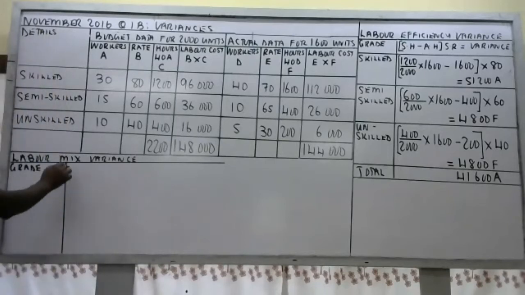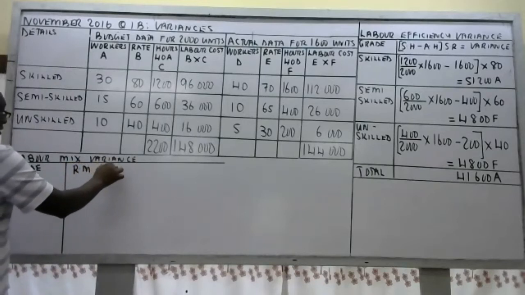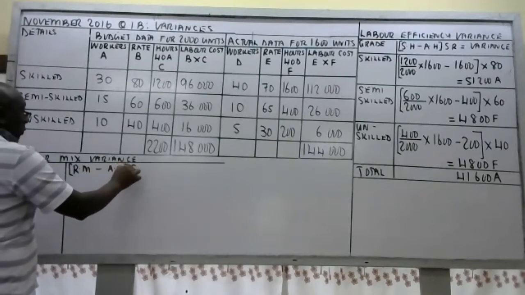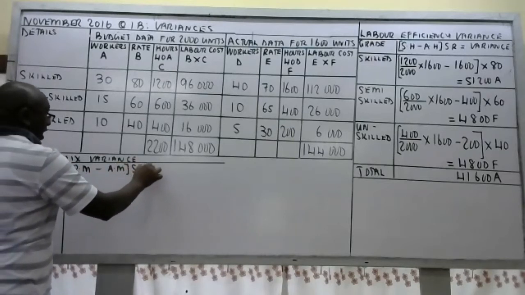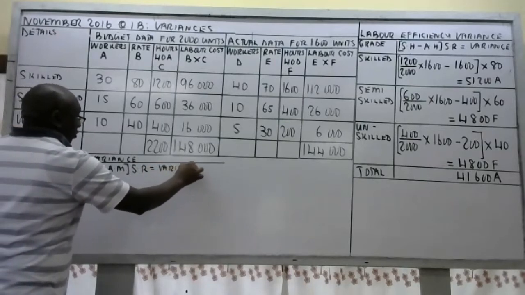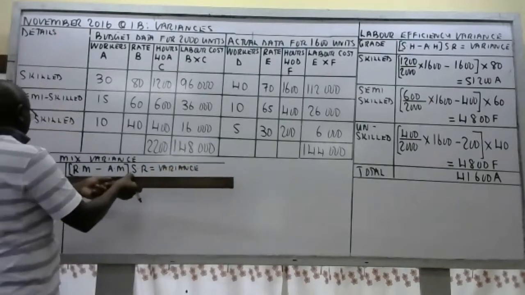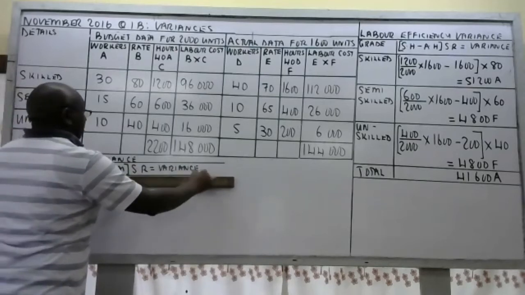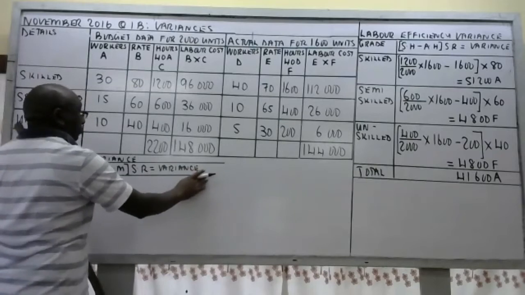And the formula is revised mix minus actual mix. You multiply by the standard rate. That will give you the variance that you are looking for.